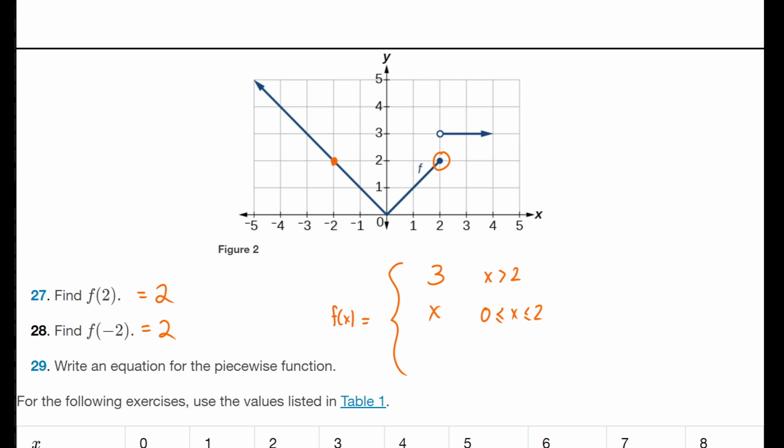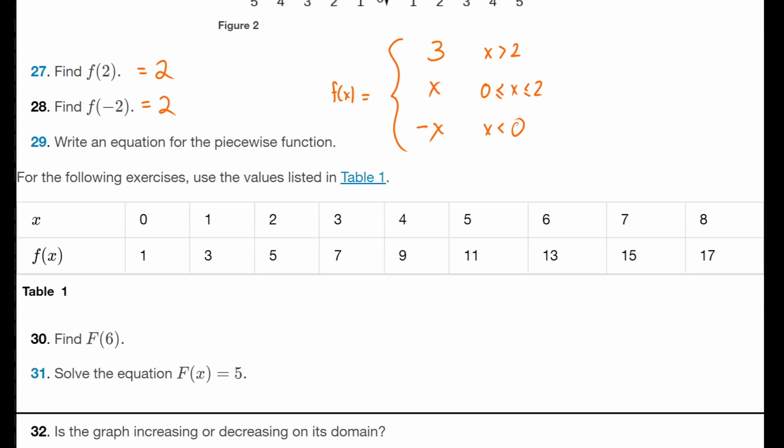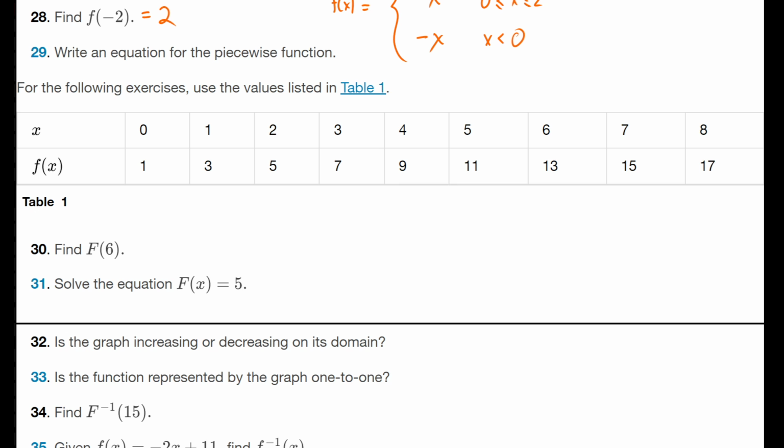So this is just x itself. It's a straight line. And when x is going from negative infinity to 0, so in other words, x is less than 0, what's happening is it's still an x graph, but the slope is negative, so this is just negative x.